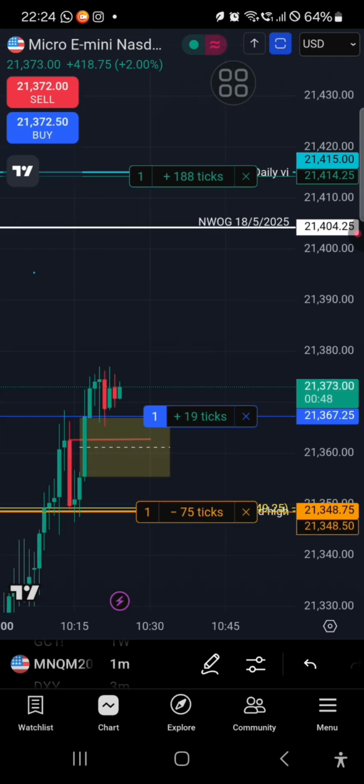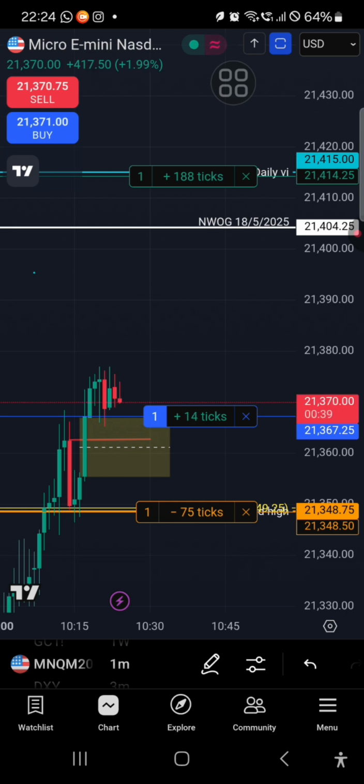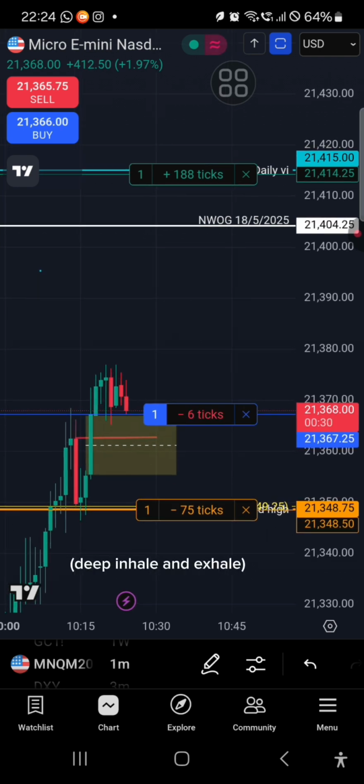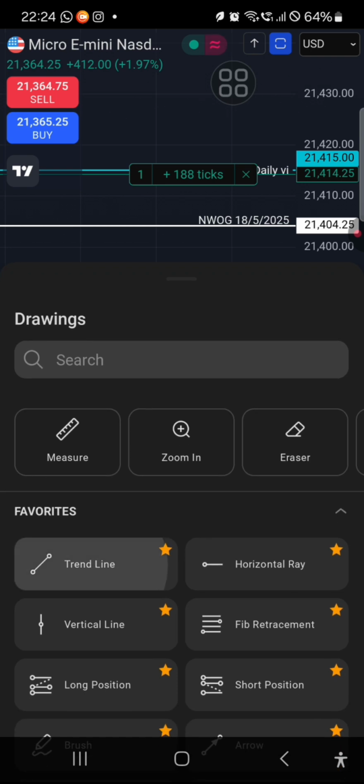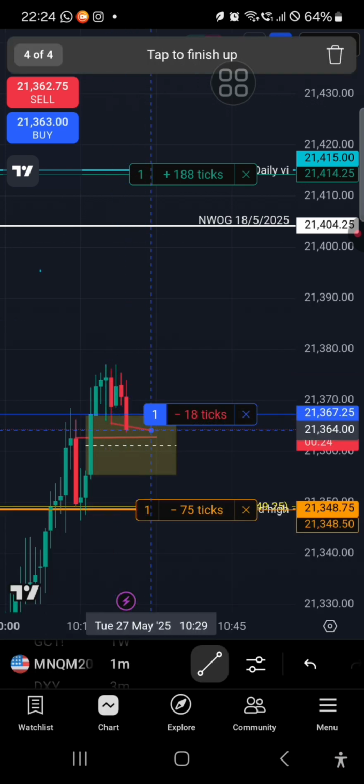That's why I'm using a demo. Yes, it's a trade that would risk live funds, but I'm just at my workplace here. Okay, now we have this short-term low, it's raided.